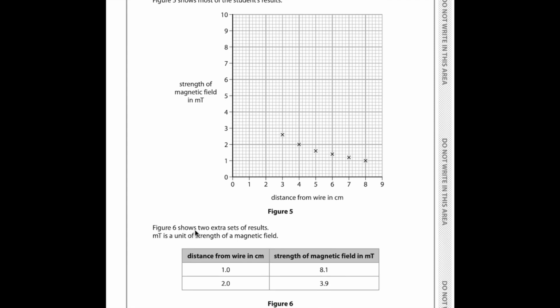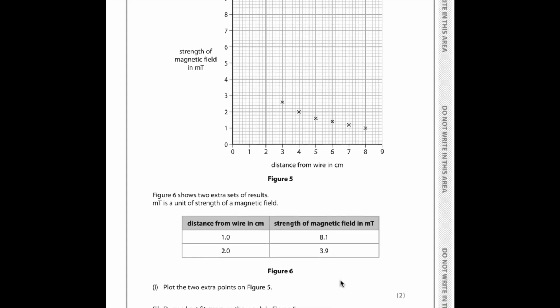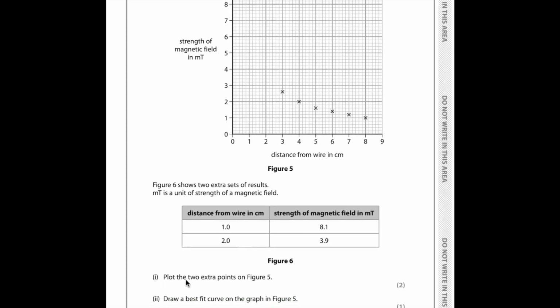Figure 6 shows two extra sets of results. mT is a unit of strength of the magnetic field. That's millitesla. And part 1 just says plot the two extra points on figure 5.